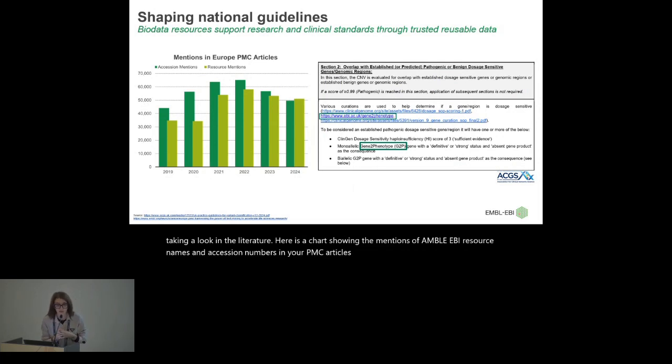This is happening through a text mining pipeline that has been developed by the EuroPMC team. And one example that was found through that is how the gene to phenotype data resource has been identified as a trustworthy source of clinically relevant variants data by the UK Association for Clinical Genomic Science.